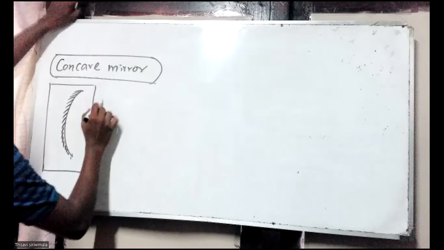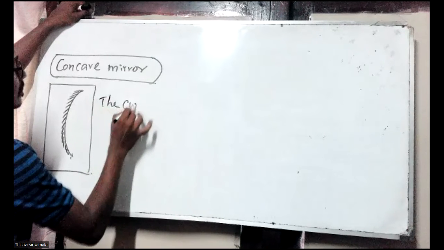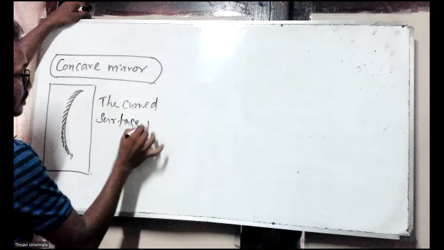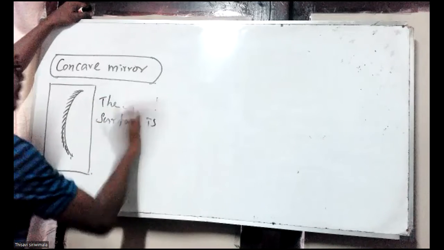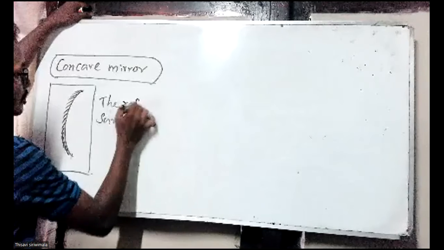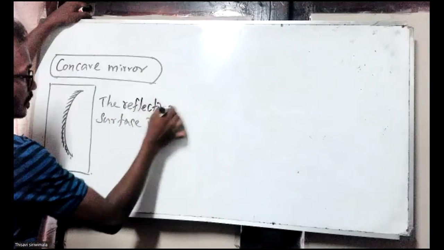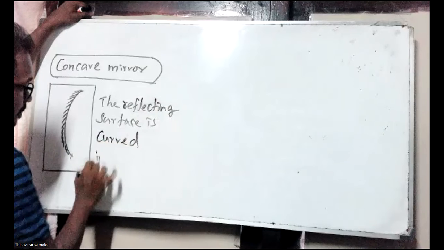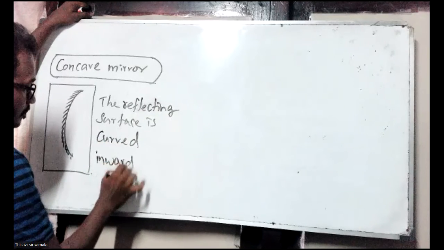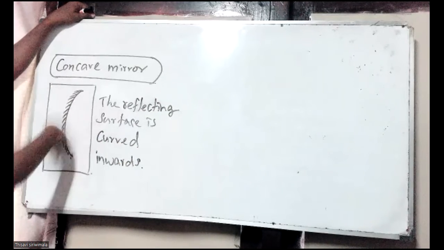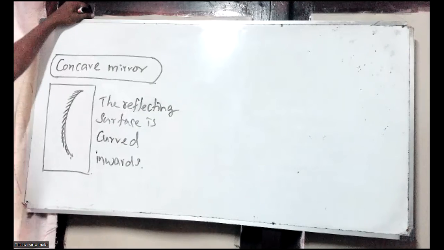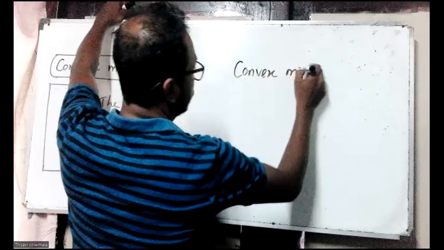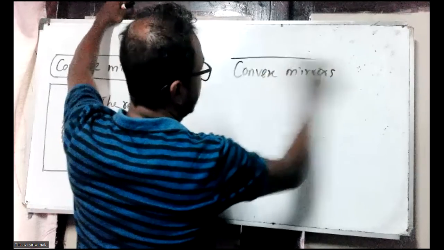So we can say the reflecting surface is curved inwards. The other type, convex mirrors.